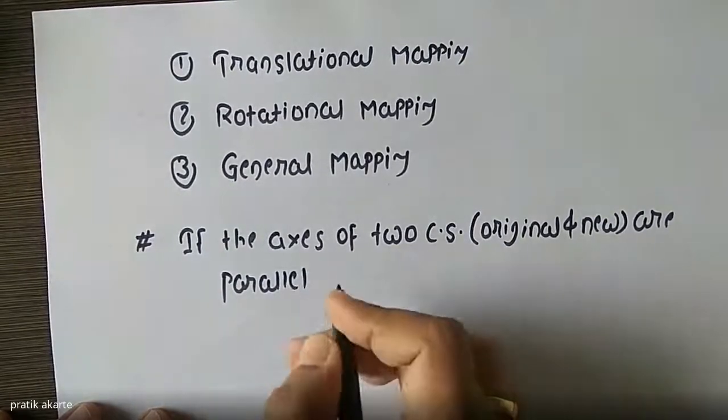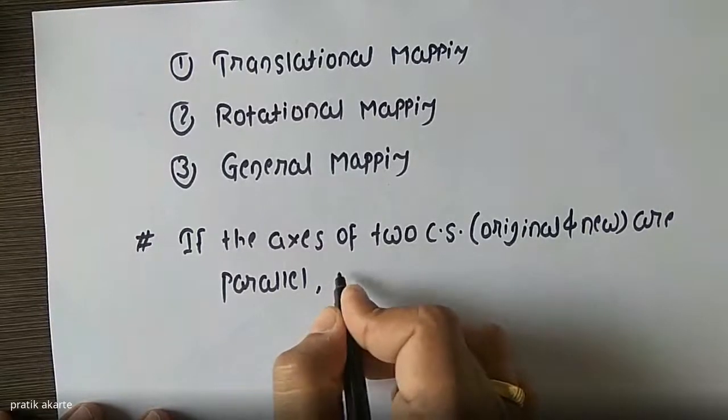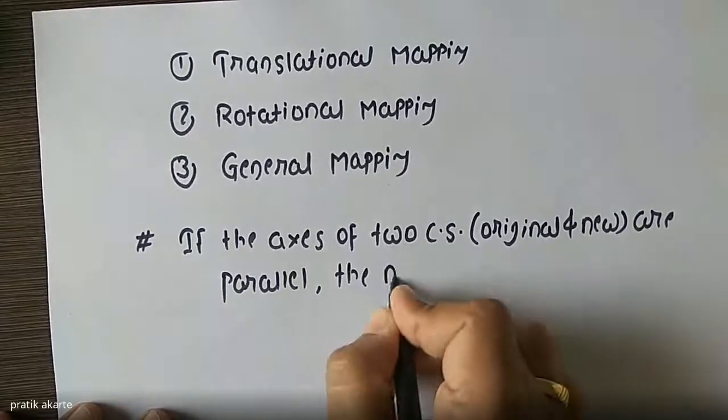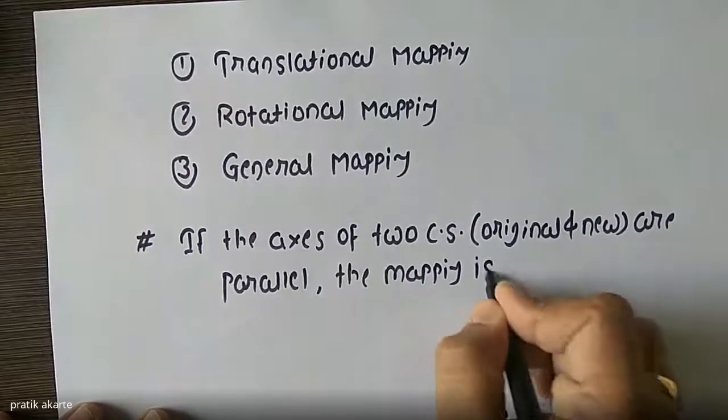If the axes of both coordinate systems are parallel, then the mapping is translational mapping.